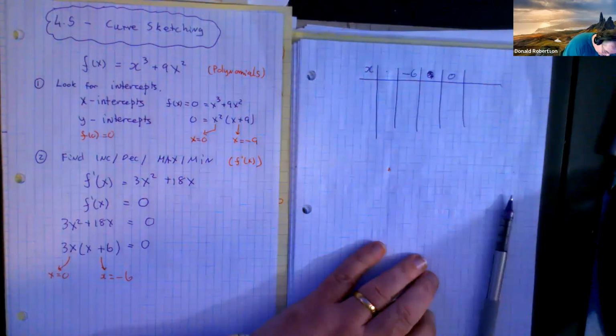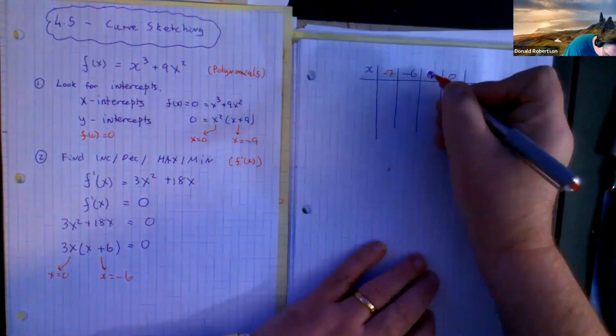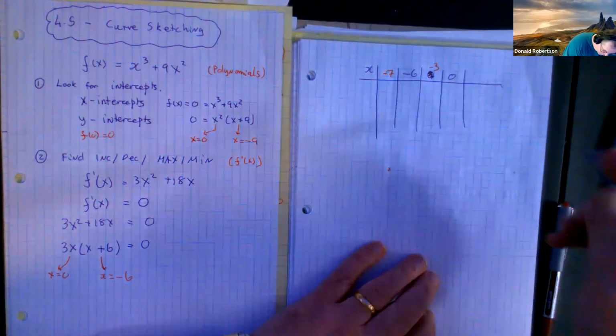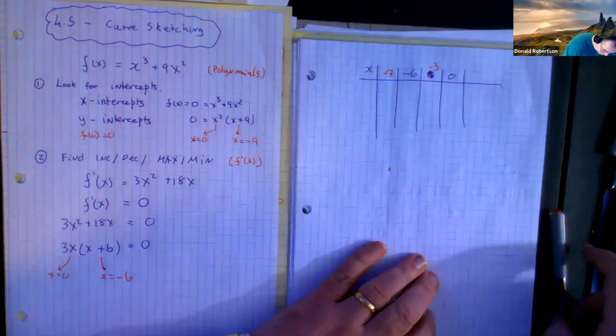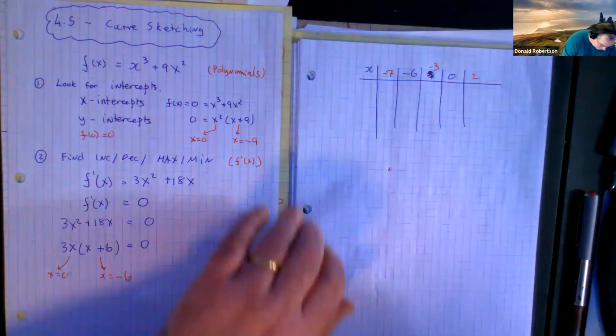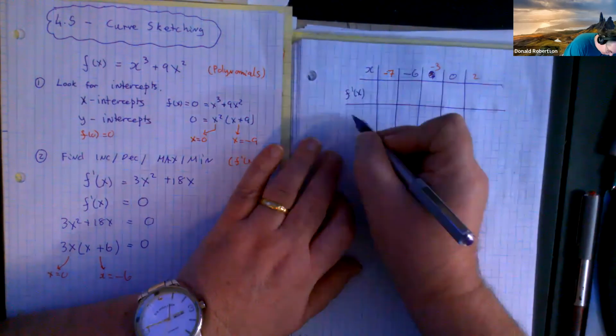And I'm going to put in, I don't know, -7, and probably -3, and for no reason, 2, because I felt like it. We put in the derivative, we put in the shape.